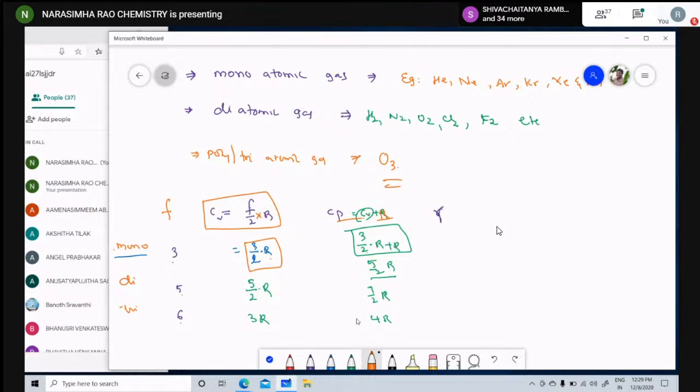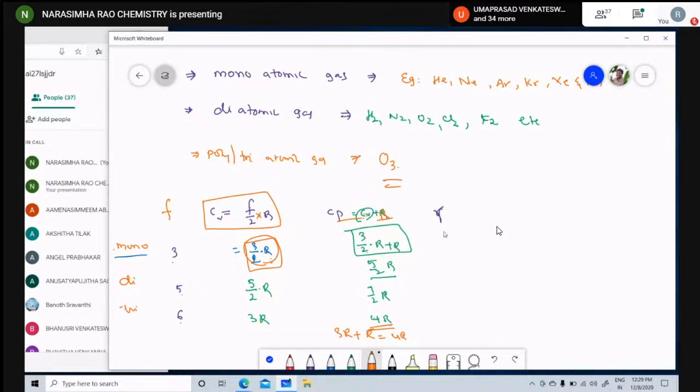Yes, sir. I am taking the Cv value 3/2 R, plus in the formula Cp is equal to Cv plus R. So for this one 3R is there, 3R plus R is equal to 4R. That's why I am taking the 4R.